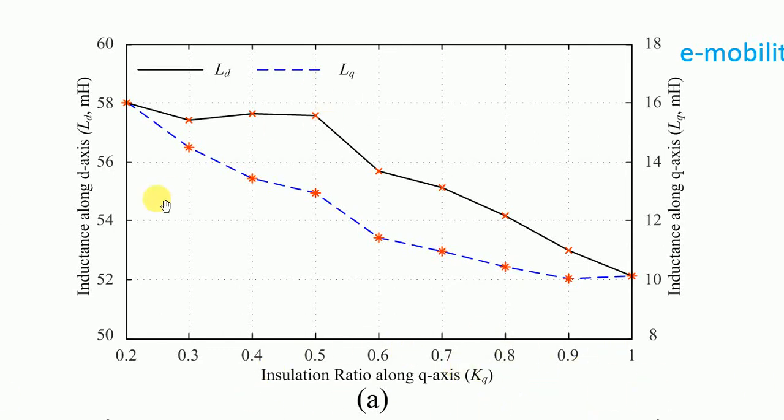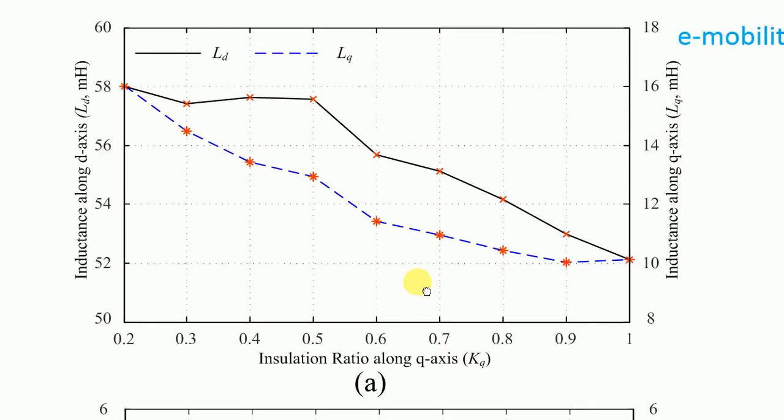As I told you before, we should have a high LD by LQ ratio, that is the saliency ratio zeta should be high, to have a high torque density motor. So my LD should be high and LQ should be as low as possible. This is from the design aspects.